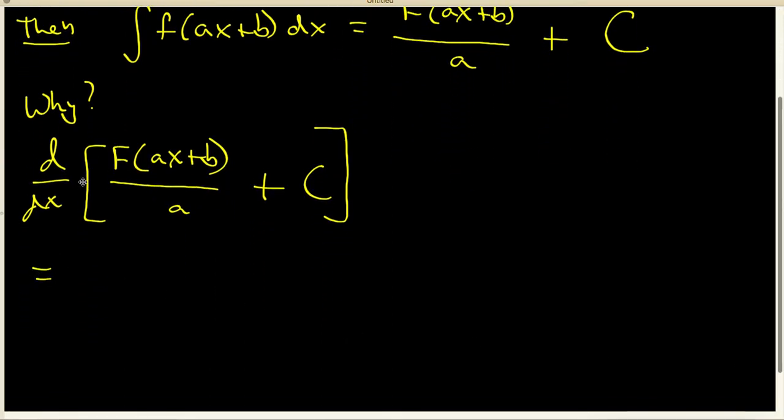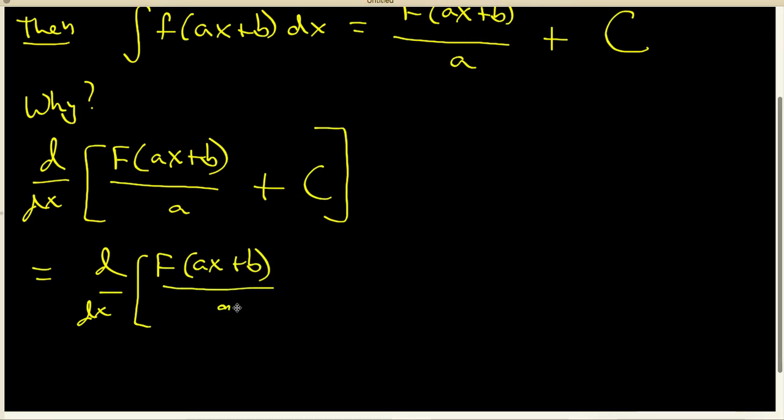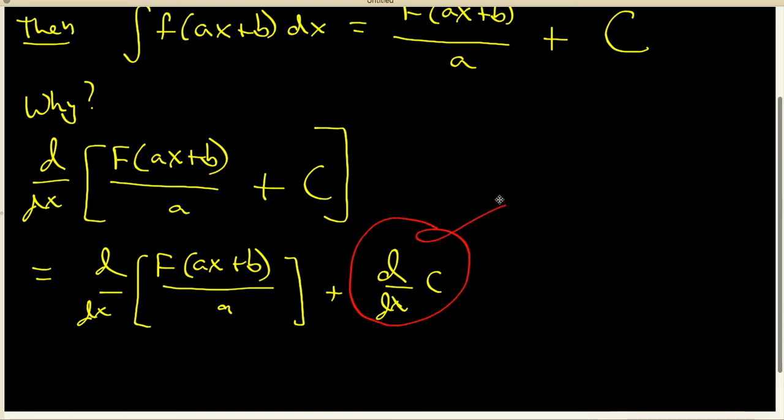First of all, I can break a derivative up at that plus sign. So I'm going to get d dx of capital F of ax plus b divided by a, plus d dx of that c, and that's just going to be a big fat 0.